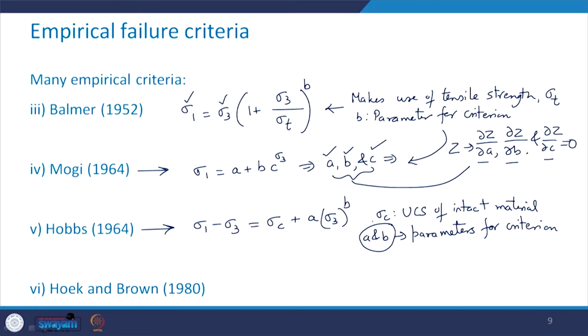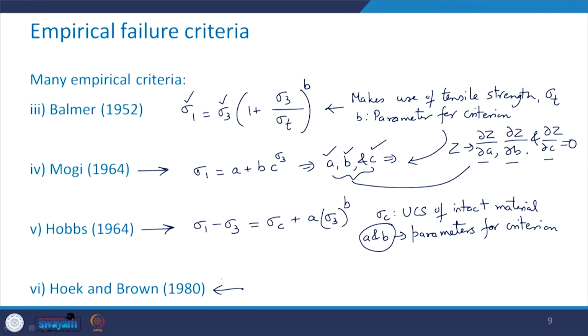The next empirical criteria in this category is the Hoek-Brown criterion, which was given in 1980, and this is the criteria which is most commonly adopted in order to represent the failure criteria for rocks and rock masses.